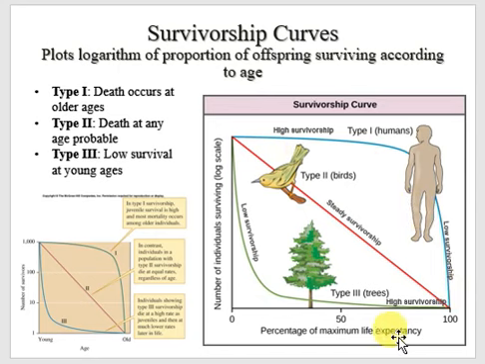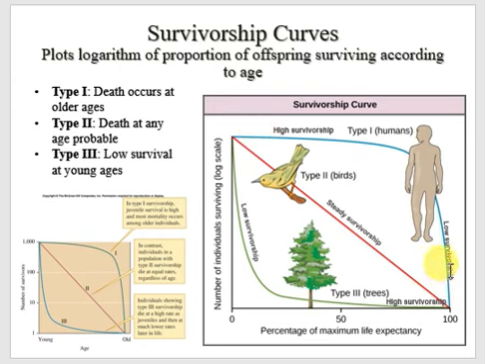Right? So this is life expectancy based on numbers of years. This is the log number of individuals that are surviving. So during these ages, you have high survivorship. In general, these ages are of the early to mid years.